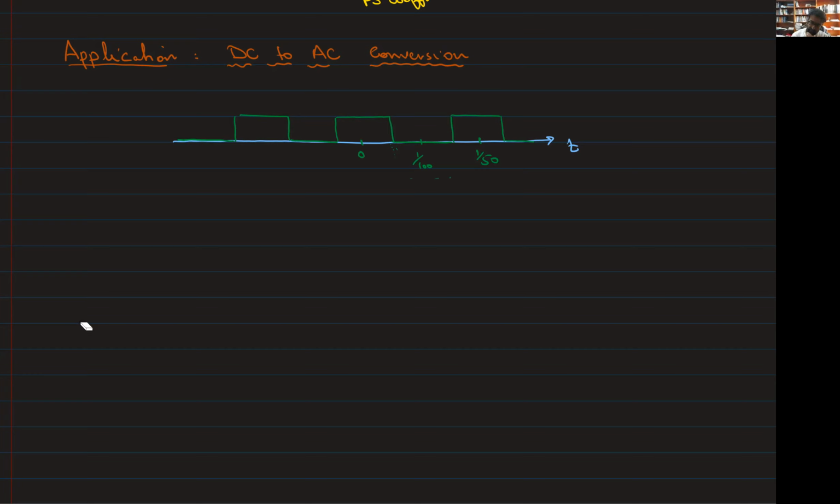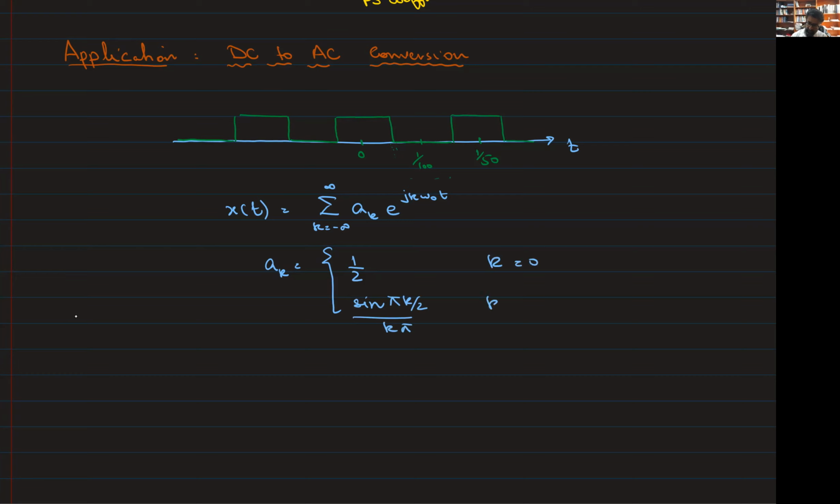Now, just apply the analysis that we've done earlier. We say this square wave can be represented in this form, which we've done, where a_k, just applying the result directly, equals half when k is equal to 0, and sin(pi k by 2) divided by k pi when k is not equal to 0.